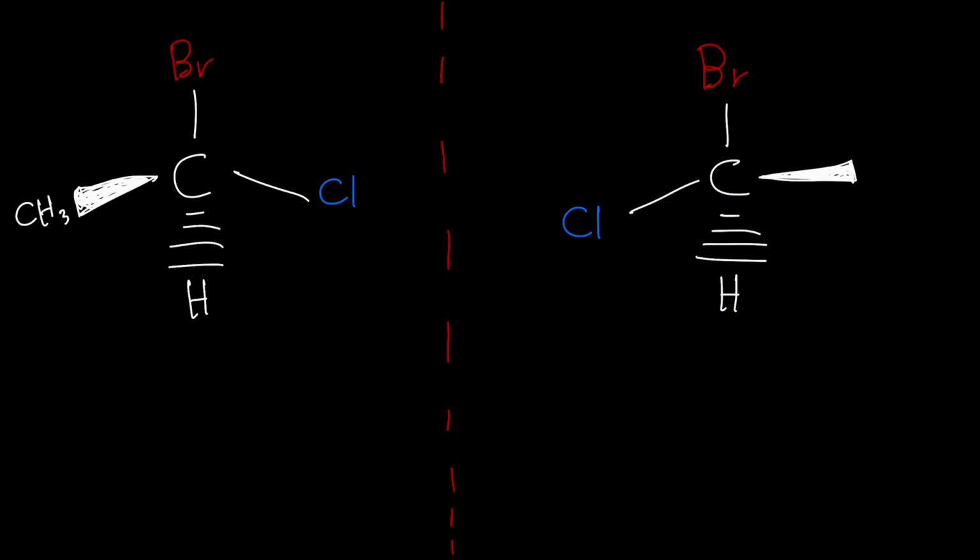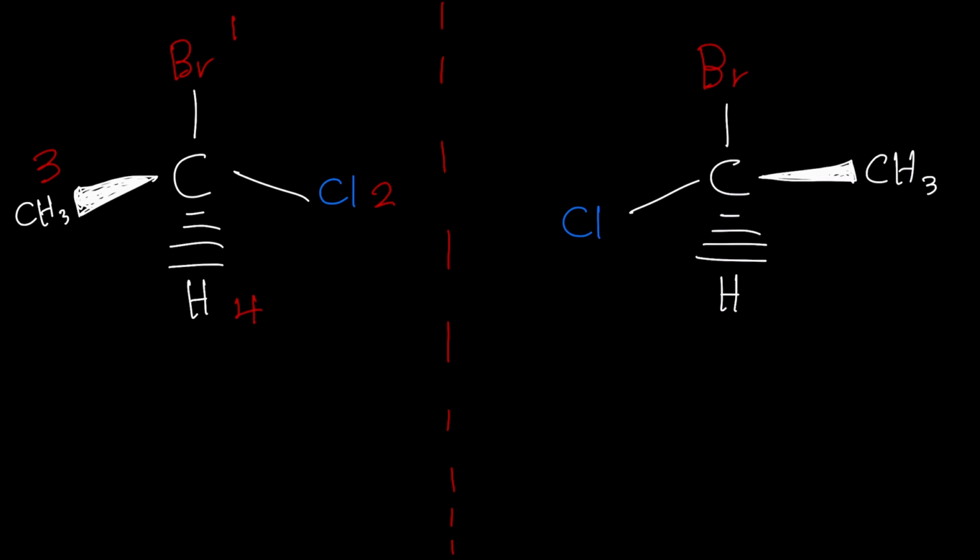Now these two structures are going to be enantiomers of one another. And when you have enantiomers, they're going to have different configurations. So we're going to prioritize these based on numbers. Bromine is going to be number 1 because it has the highest atomic number. Second group is going to be chlorine, and then we're going to have the methyl as number 3.